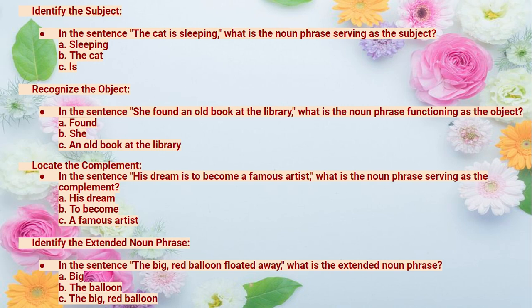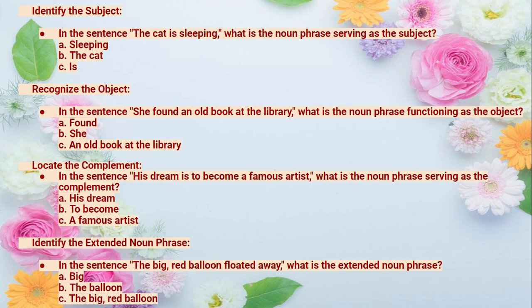Here's a little quiz for you. Let's test your knowledge. Identify the subject. In the sentence, the cat is sleeping, what is the noun phrase serving as the subject? Recognize the object. In the sentence, she found an old book at the library, what is the noun phrase functioning as the object?